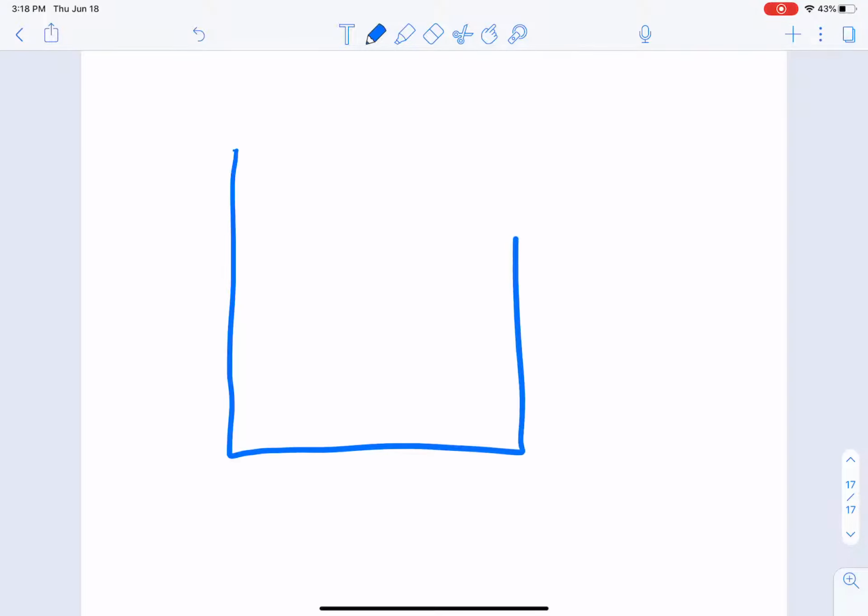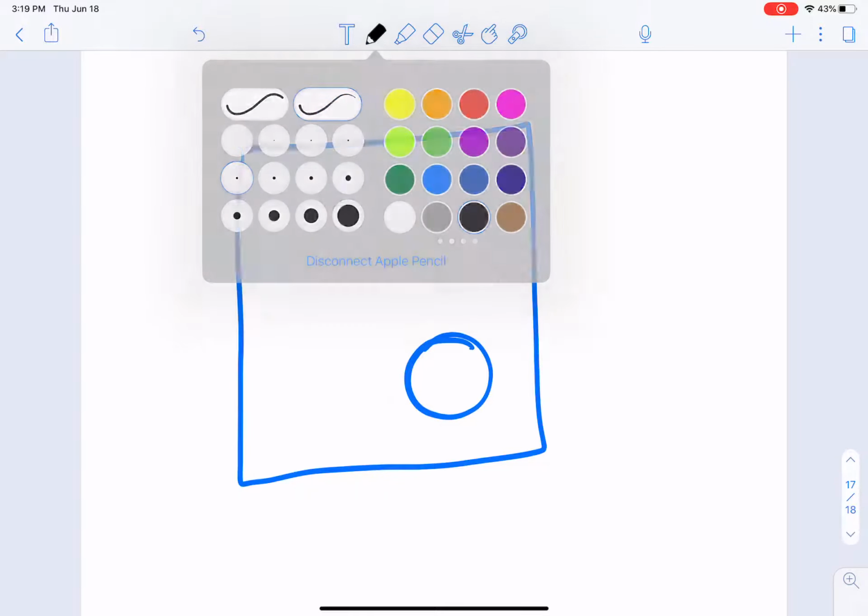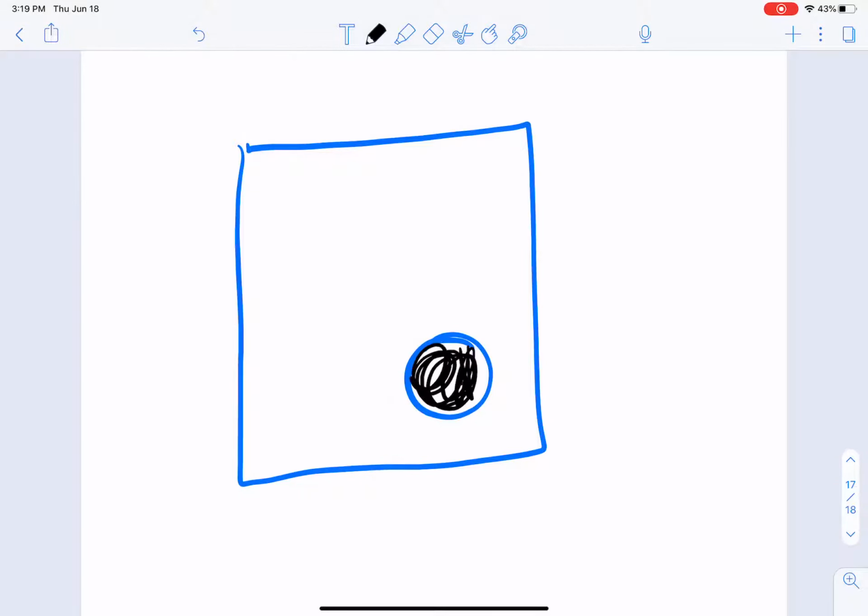It looks like this. We all know it. This is a square. Square-ish. And let's say there's a hole in the square. Let's say the hole is right here. And my job is to find the area of the square.